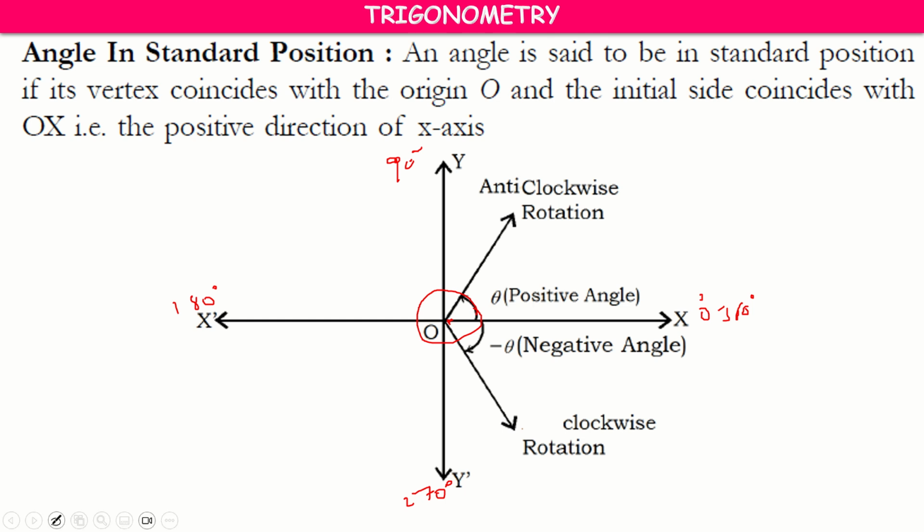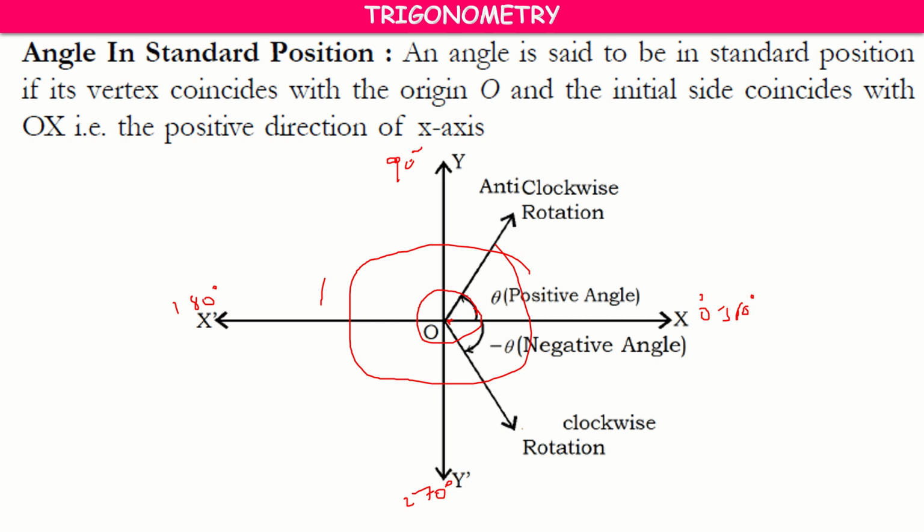But how is the rotation? In an anti-clockwise direction. If the rotation is in anti-clockwise direction like this, then the angles formed are 90, 180, 270 and 360. This is a positive angle because it is moving in the positive, anti-clockwise direction.